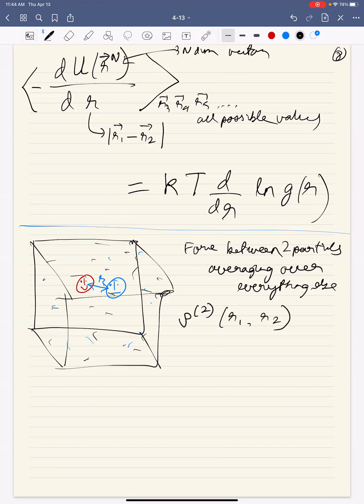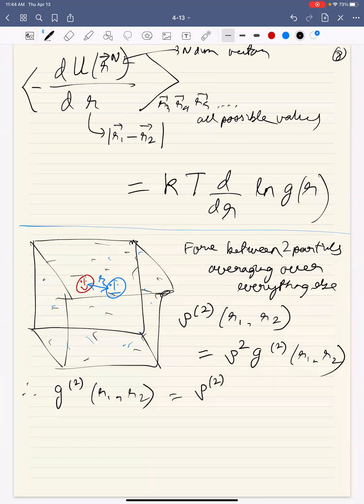How is this connected to the density? This is rho squared multiplied by G2 of R1, R2, correct? This was the definition of G. This means that G2 of R1, R2 is equal to rho2 of R1, R2 multiplied by 1 over rho squared, right?